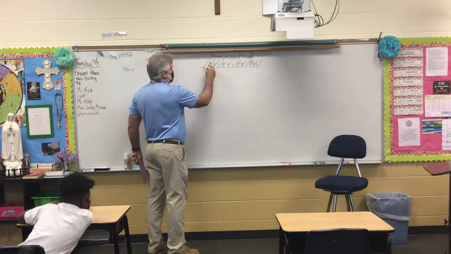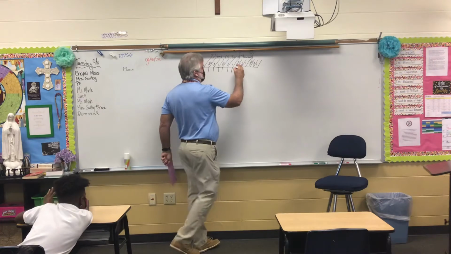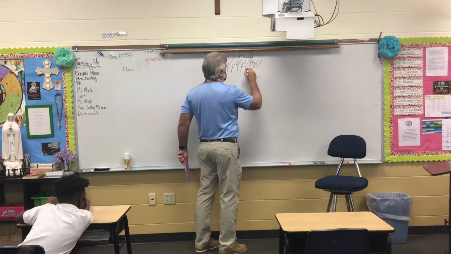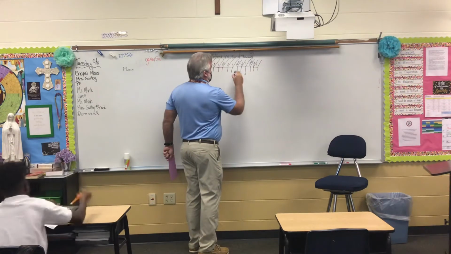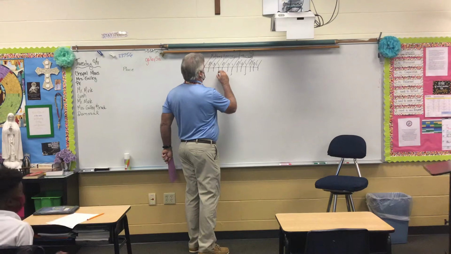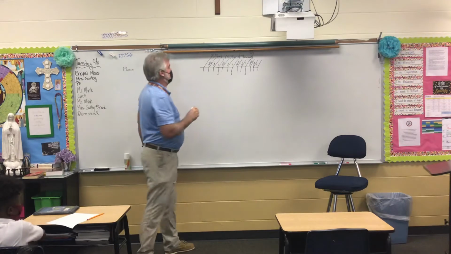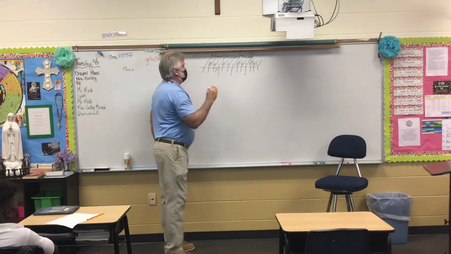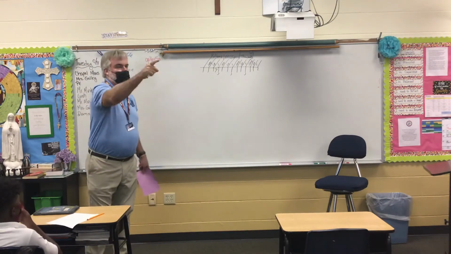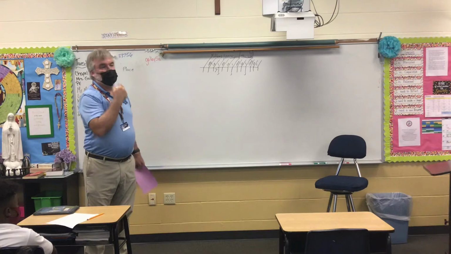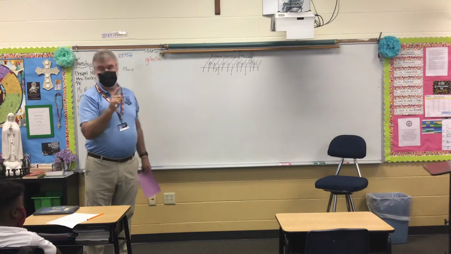Here, you have the place value chart. Place and value are two different things. Because if I told you that I had a digit that I put in here, what place is it in? Where is that 7 located? Zachary? Where?